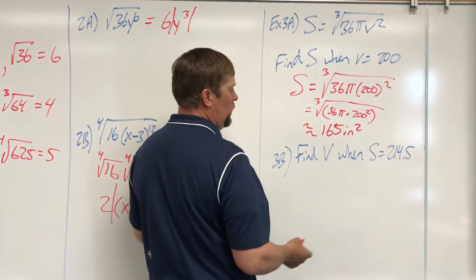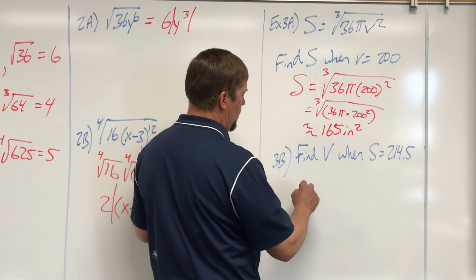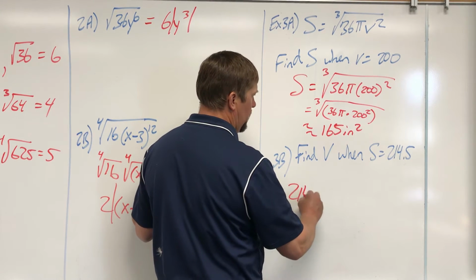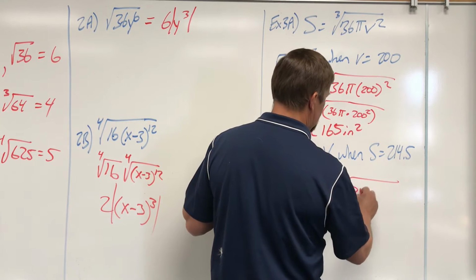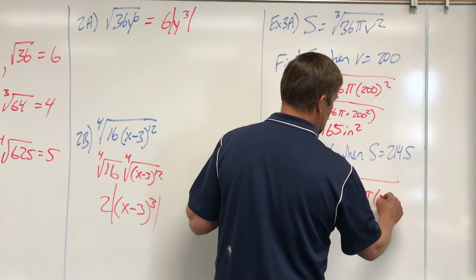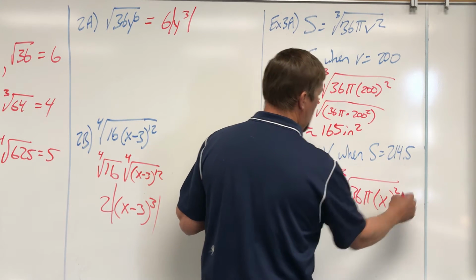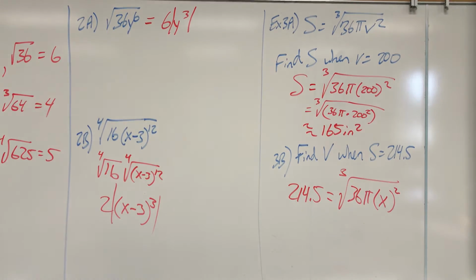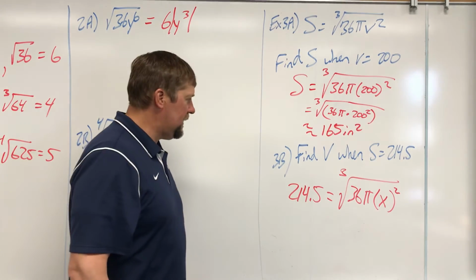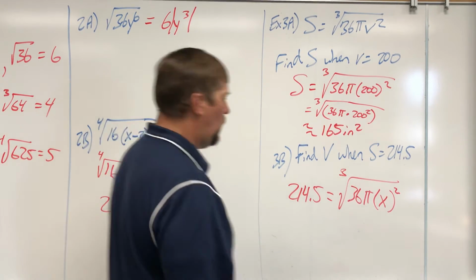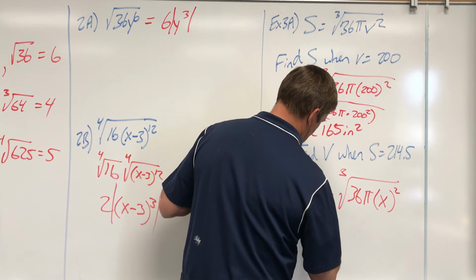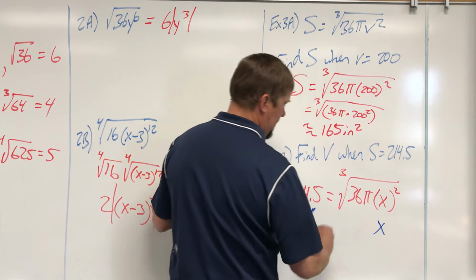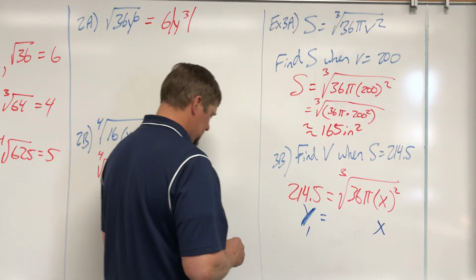Okay, find the volume when the surface area is 214.5. So this time we're going to plug in 214.5 here. We have the cube root of 36 pi times v squared. So what we're going to do is plug this into the calculator. I am actually going to plug in y for this, x for this, and plug it in for y1 into the calculator.